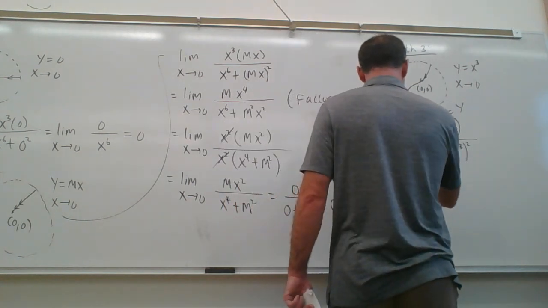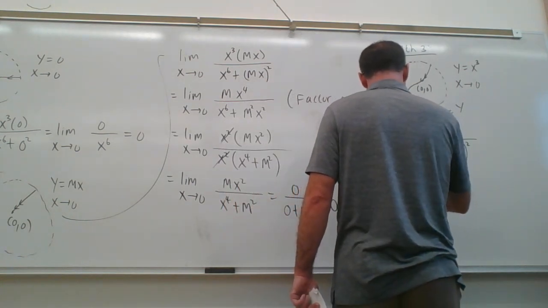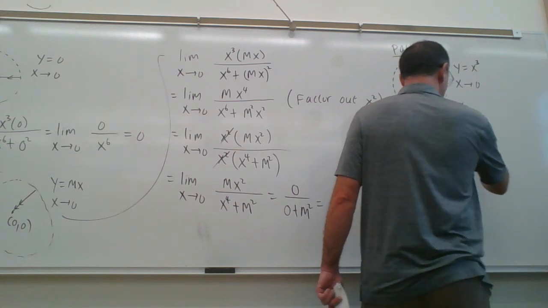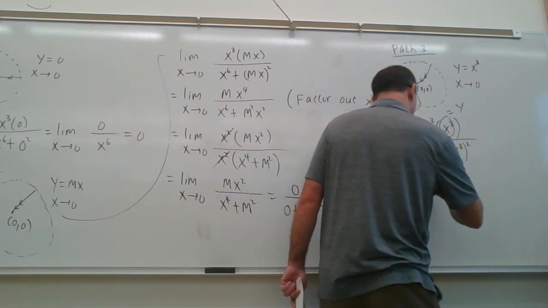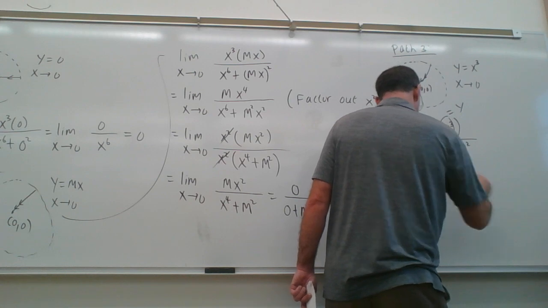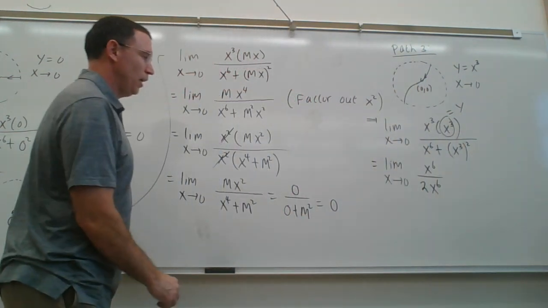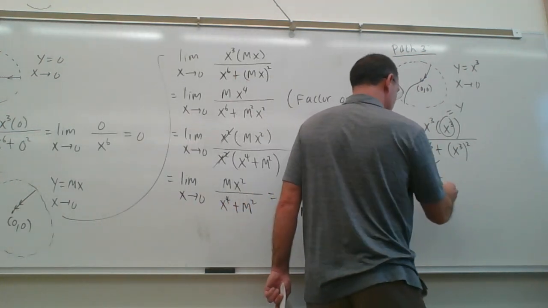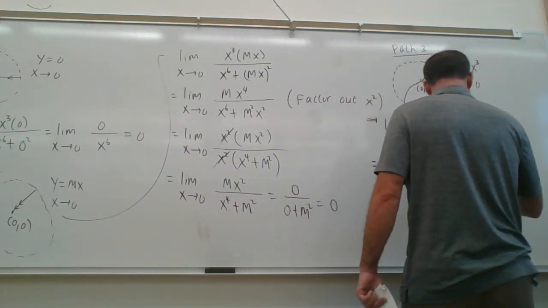Okay, simplifying this, we get the limit as x goes to 0 of x to the 6th over x to the 6th plus x to the 6th, so it'll be 2x to the 6th. But now the x to the 6th will cancel, so it just becomes 1/2.